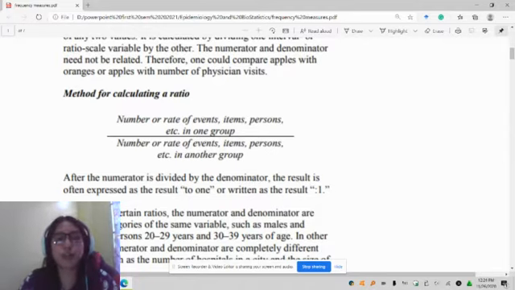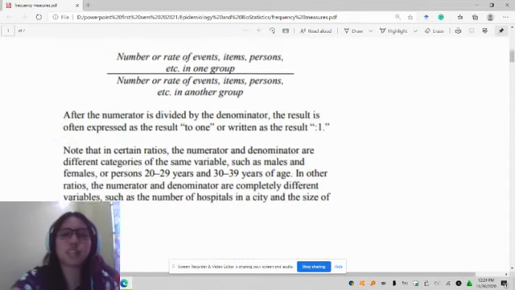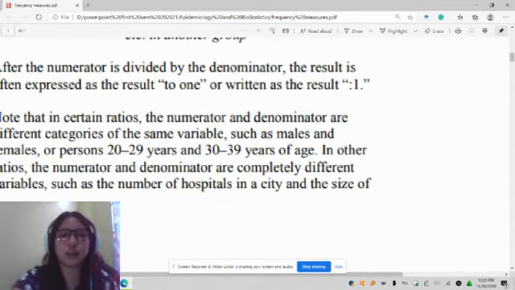After the numerator is divided by the denominator, the result is often expressed as x to 1, or written with a colon, x:1.